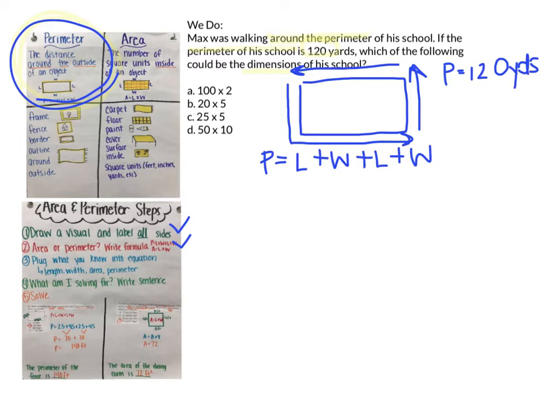So when we look at step 3, plug in what you know into the equation. The only thing we know is that perimeter is equal to 120 yards. So this is going to be another problem where we need to solve all of our answer choices to find our final answer. So just like the last problem we did, I'm going to split up my workspace.